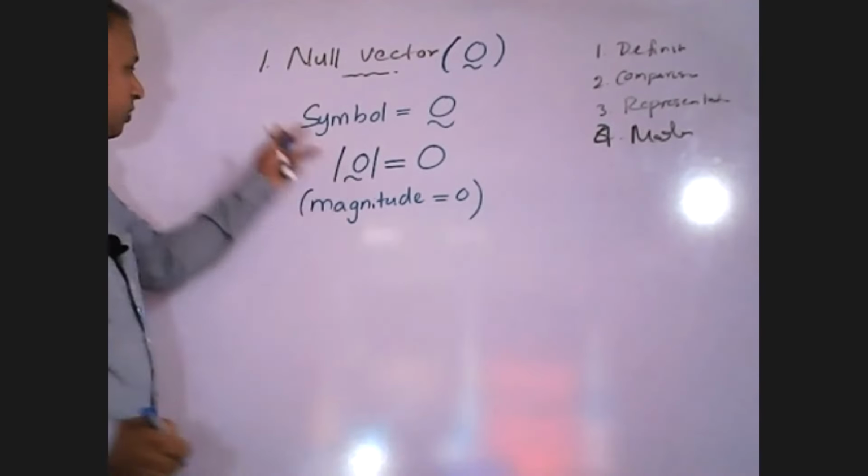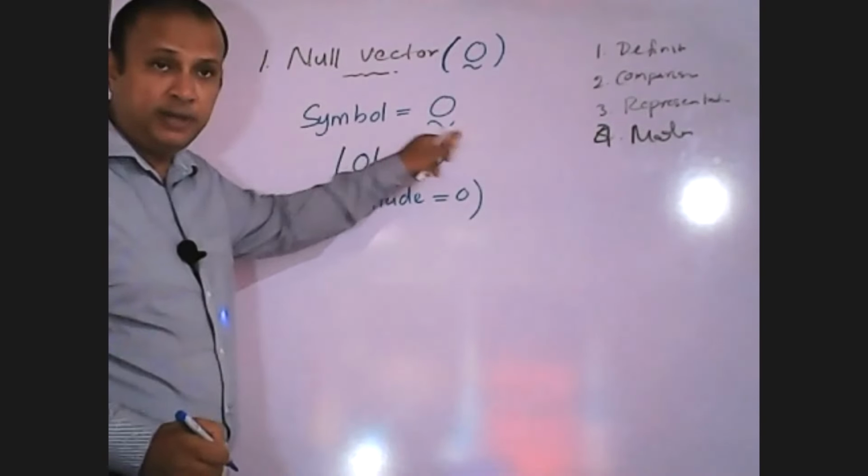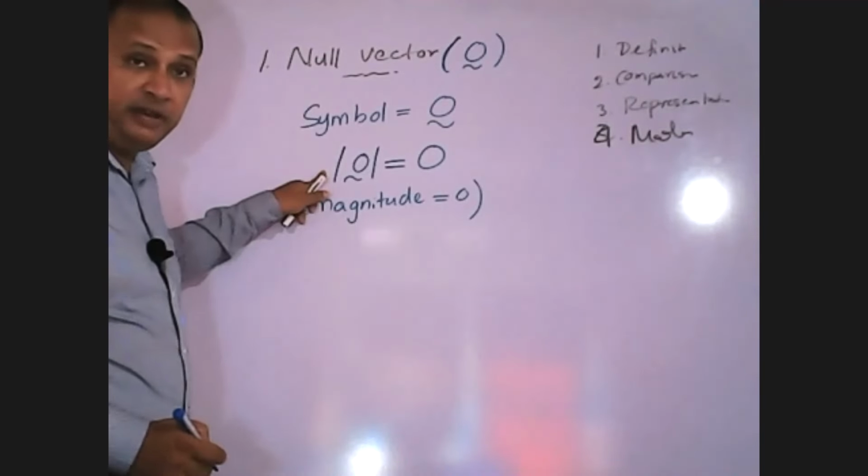You can write this one: the symbol of the null vector is this, and the magnitude of the null vector is equal to zero.